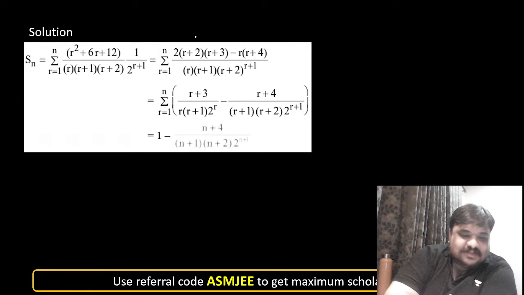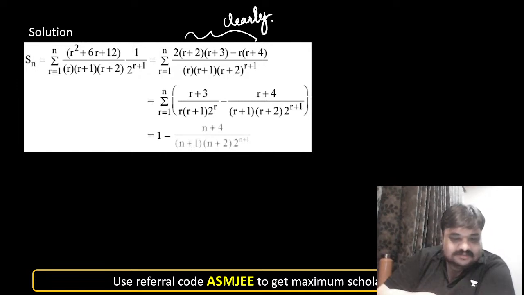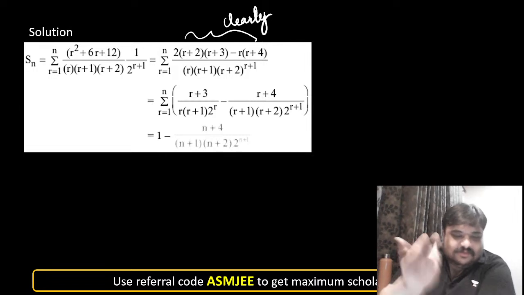Now see, this is awesome. How? Why? Clearly, that is the best way. Clearly, it got linear. Clearly is the best way. How? Why? What?